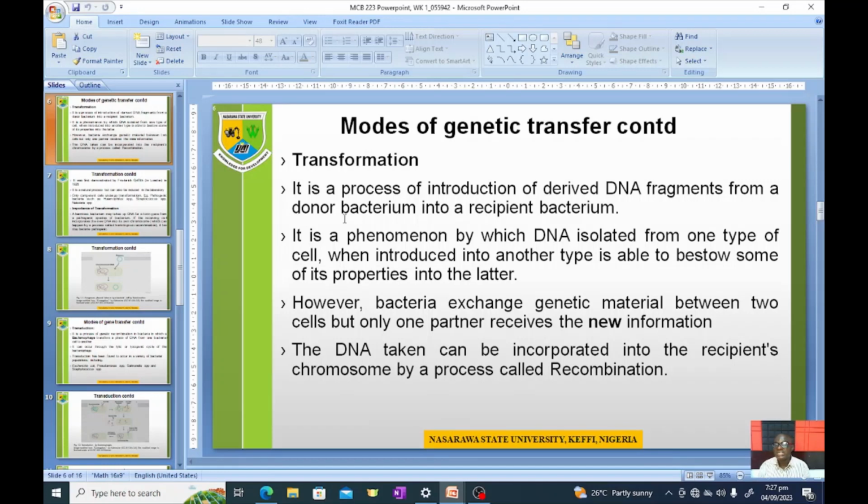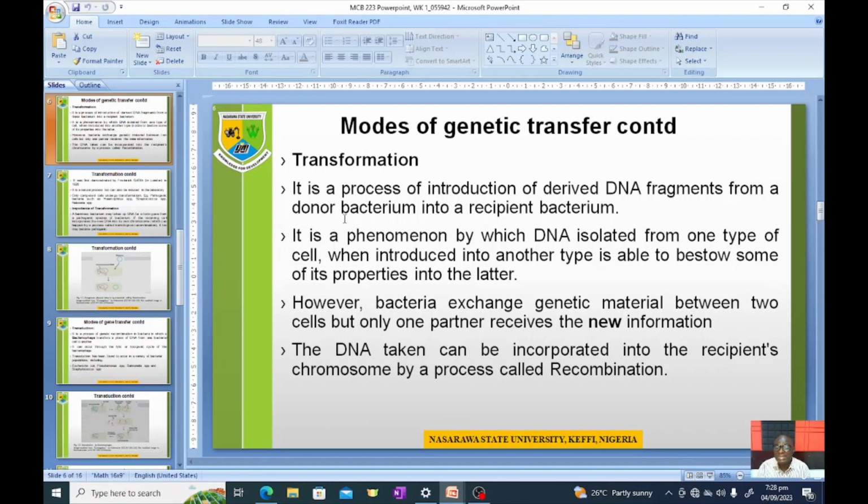So the child bacterium, in this type of arrangement, is the one that is going to receive the new information. The other one only has what is given. It doesn't take from the other one. So the donor gives that new thing only to one partner, the receiving bacterium.